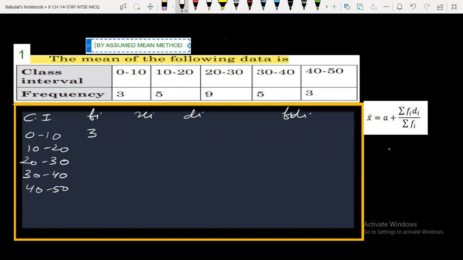Corresponding frequencies are 3, 5, 9, 5, 3.